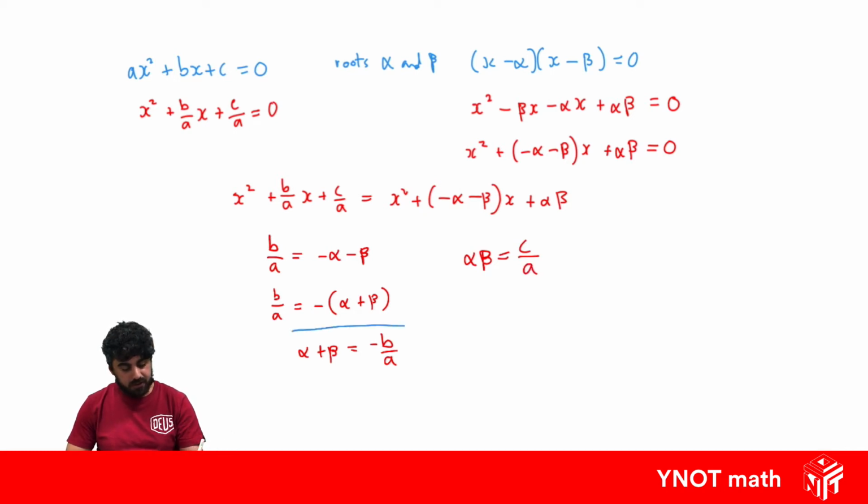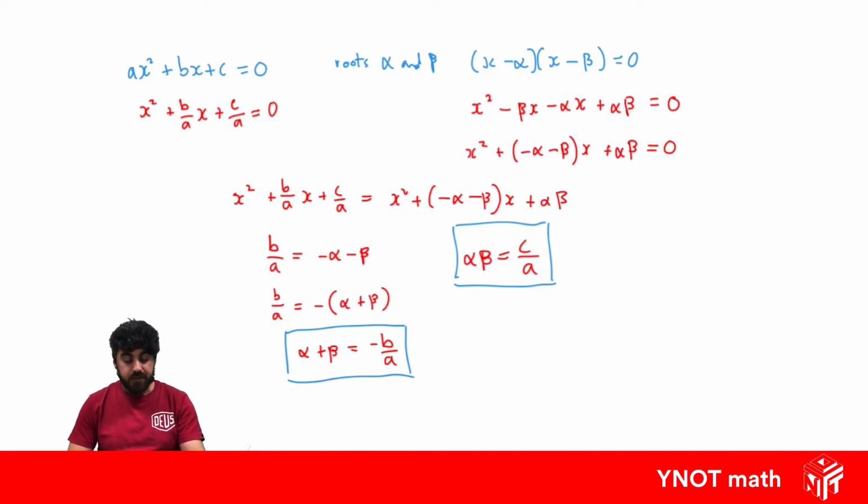And these two results actually give us a relationship between the coefficients of the quadratic equation that we had and the roots that we had. So you can see the sum of the roots equals minus b over a, and the product of the roots equals c over a.